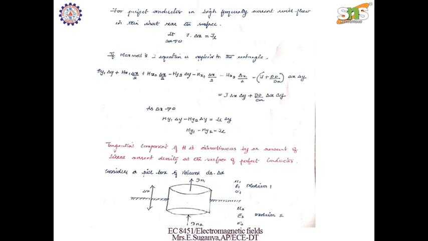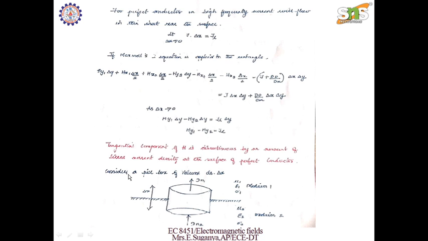Left hand side equation is Hy1 minus Hy2, and on the right hand side your J is present, that is linear current density, equal to JL. This shows that the tangential component is discontinuous if the linear current density is present in case of a perfect conductor. Okay. Next we will go to the third condition.